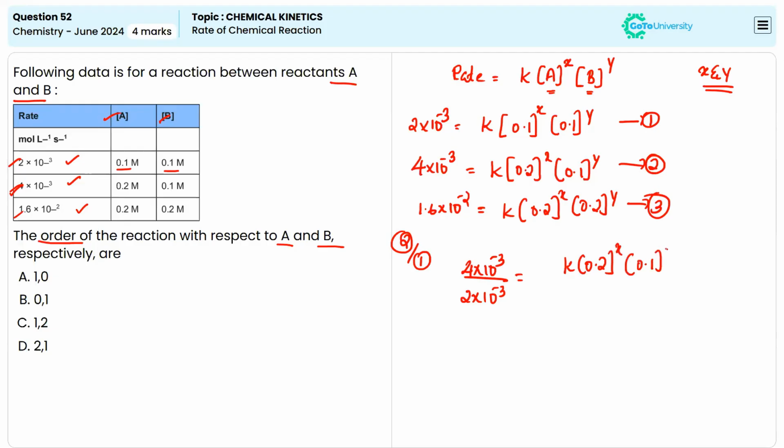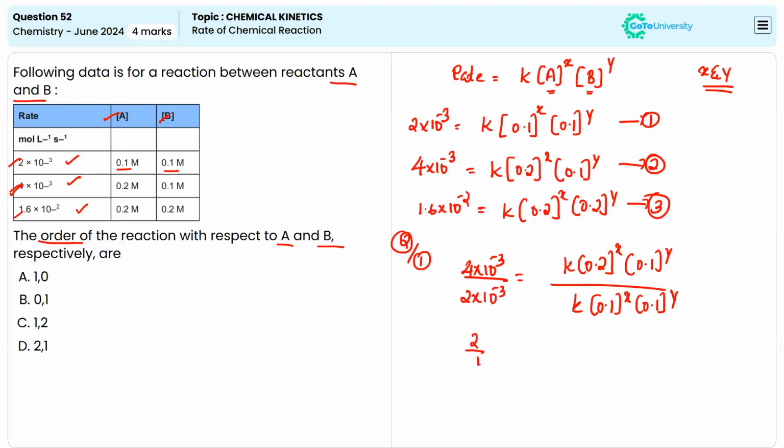k 0.2 raised to X, 0.1 raised to Y divided by k 0.1 raised to X, 0.1 raised to Y. So 4 by 2, the 10 to the power minus 3 will be cancelled, and 4 by 2 is 2 only.